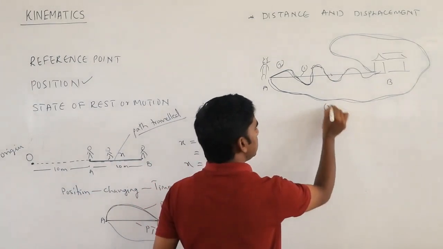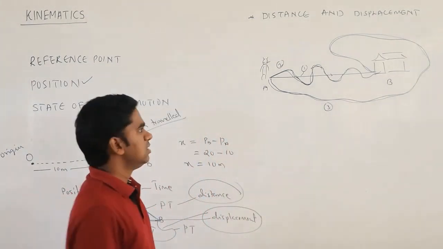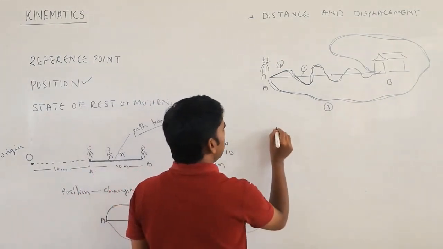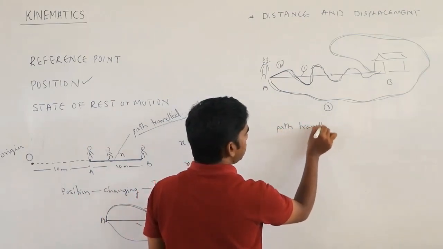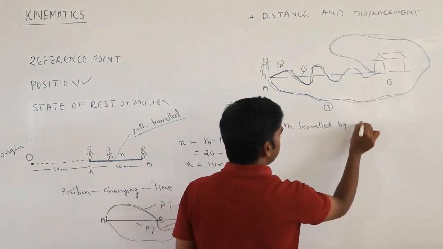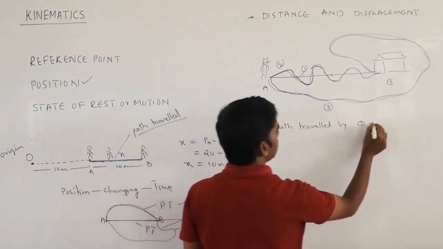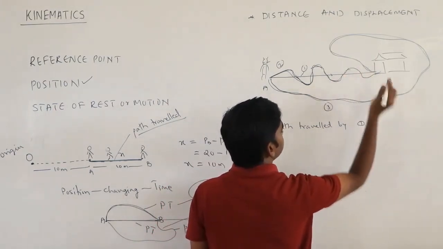This is the third path. Okay. So the path traveled by the first person is, say, some 10 meters.